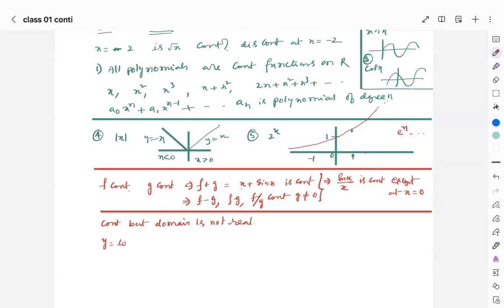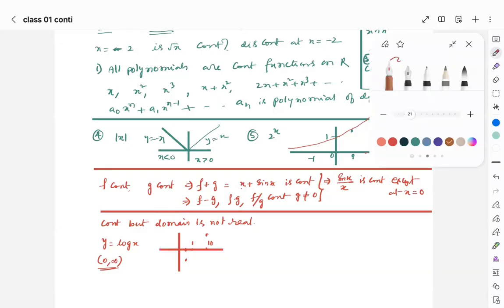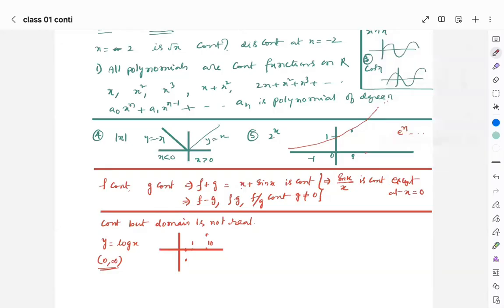Suppose you take the log x function. Is it continuous where it is defined? Log 1 is 0, log 10 is 1, log 1 by 10 is minus 1. So the graph looks like this.